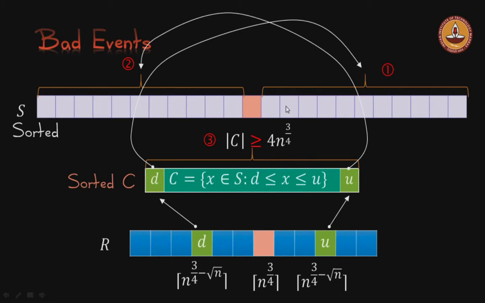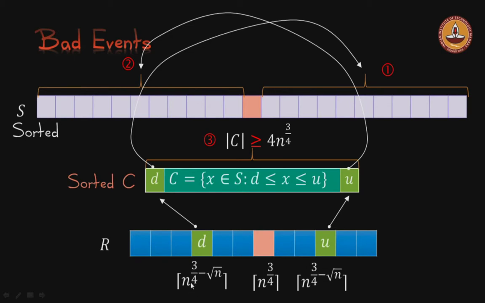What I would suggest that you do is stare at this picture a little bit and convince yourself that this bad event is actually captured by this formal statement. So, what happens if the number of elements sampled from this region to the left is less than n to the 3/4.